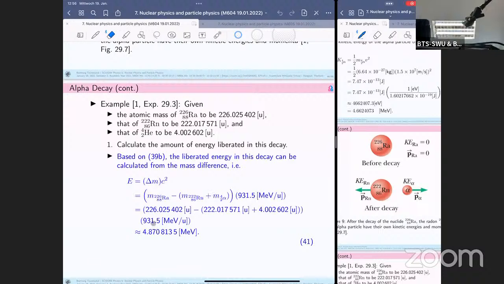The mass of the parent nucleus is going to be 226.025, and you just find the difference, make a subtraction, and multiply it with 931.5. This is the factor that converts any mass in atomic mass unit to mega electron volt.